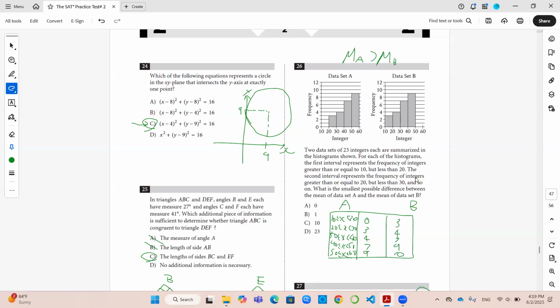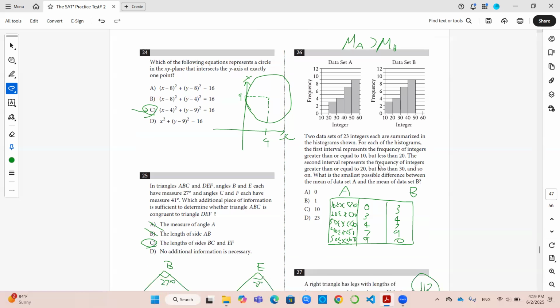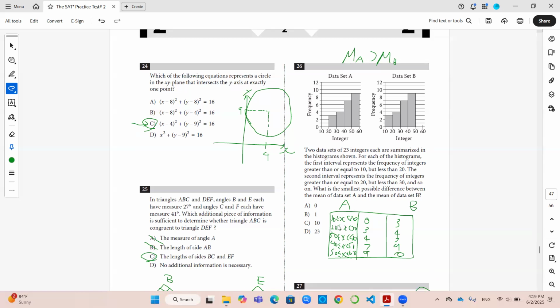So for A, since the mean value for A is bigger, my smallest possible numbers for A are 10, 20, 30, 40, and 50, because we're including the lower bounds but not the upper bounds. And we need to get the smaller one because the mean of A is bigger. We're going to have to multiply by the frequency.